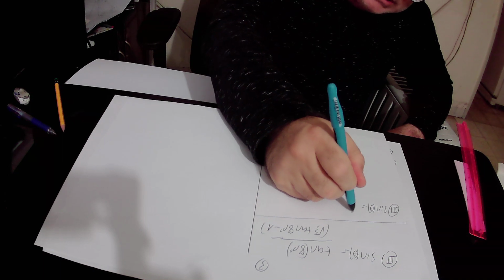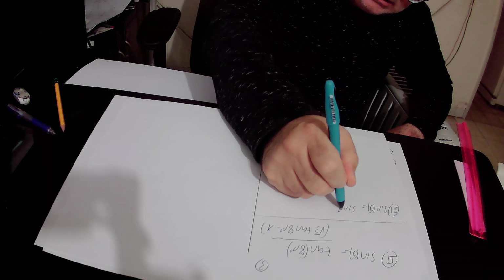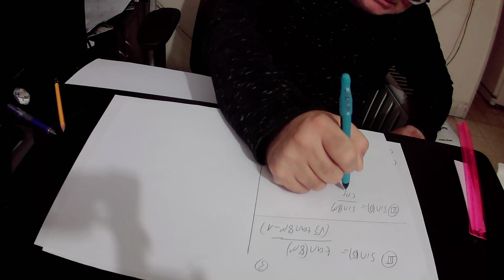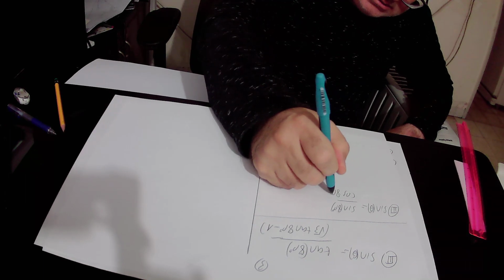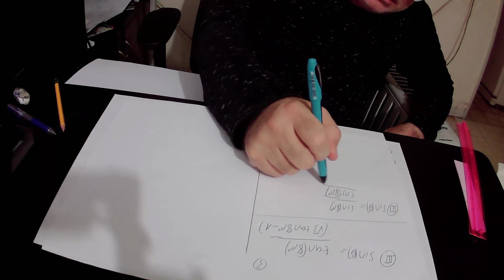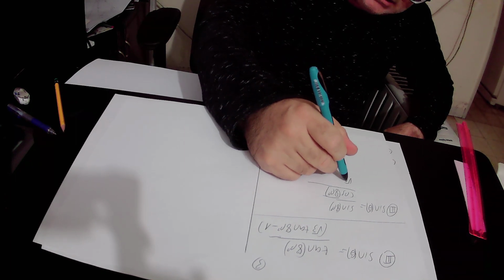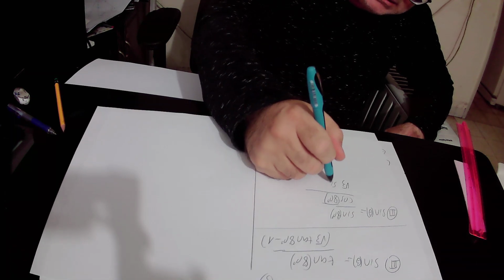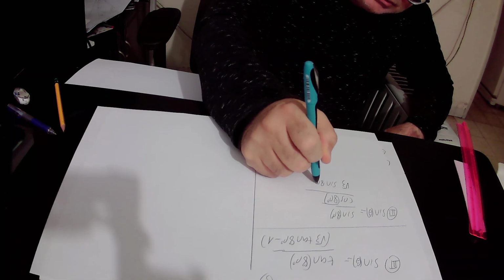equals sine 80 degrees over cosine 80 degrees over square root of 3, and tangent 80 degrees is sine 80 degrees over cosine 80 degrees.